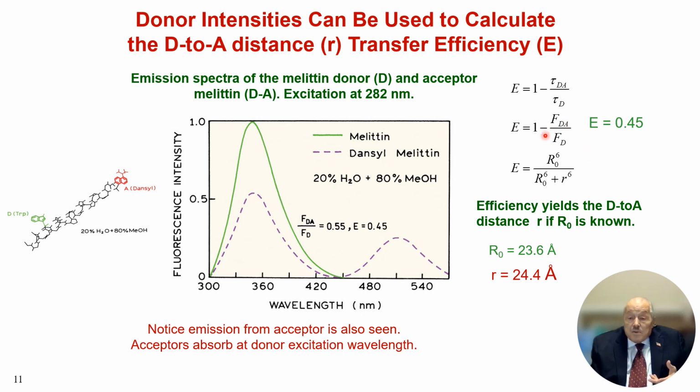You could also use the lifetimes of the donor alone and the donor-acceptor pair. Whichever you use, you should be getting the same answer, close to 50% energy transfer. Actually, it's about 45%, and you could calculate the distance is just slightly longer than the Förster distance.